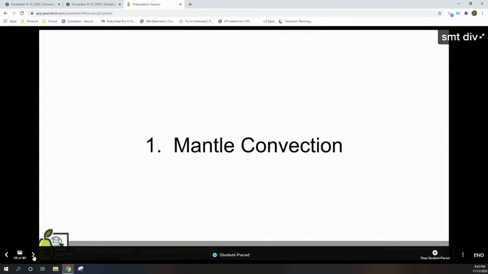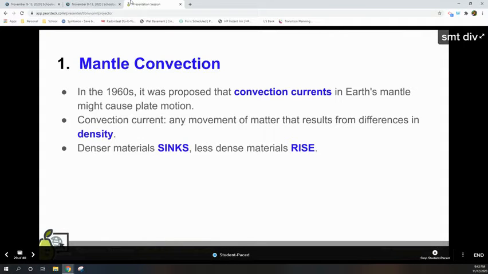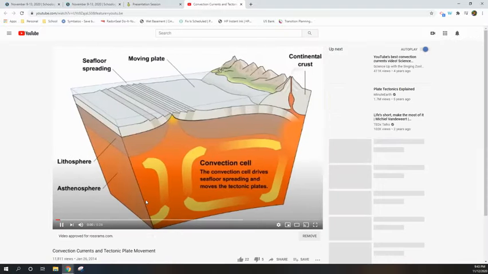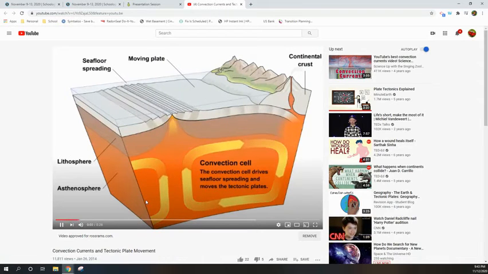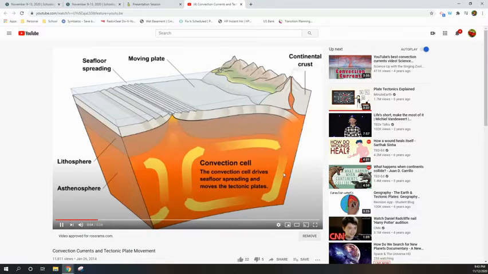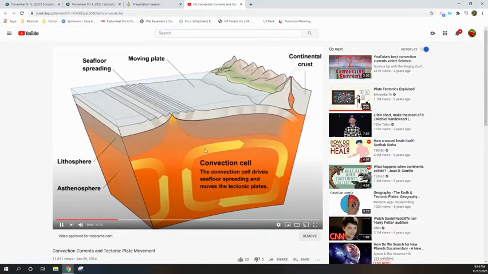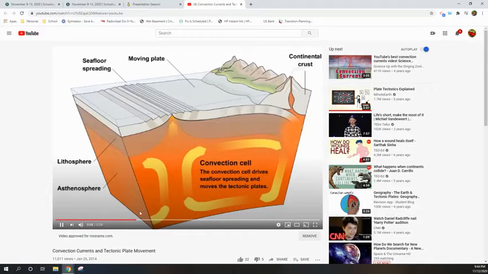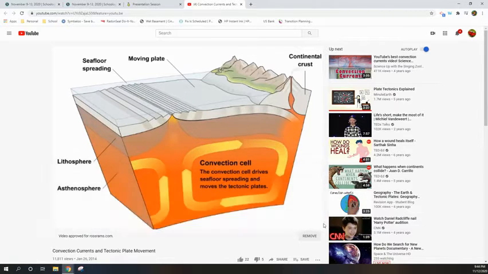With that being said, let me review a video clip with you guys. Here you've got the process of convection. Notice how you have 2 cells. One's going one direction and the other one's going the other direction.